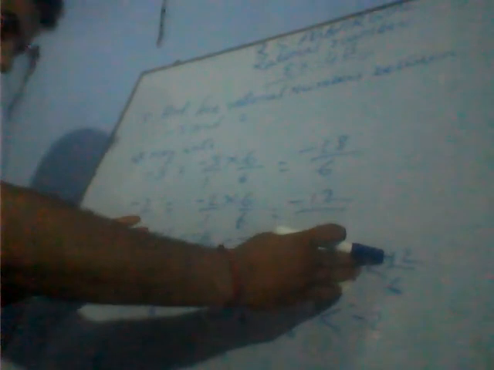Minus 18 by 6 is equal to minus 3, and minus 12 by 6 is equal to minus 2, and the rest of the rational numbers between minus 3 and minus 2 should be written in between as they are. Clear?